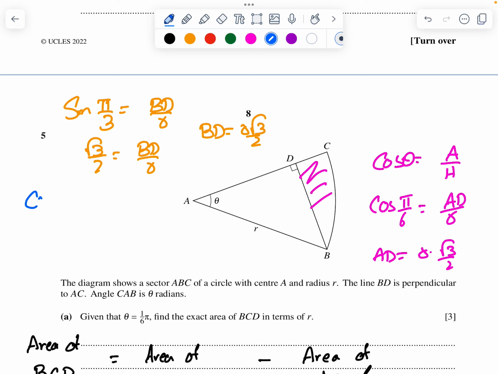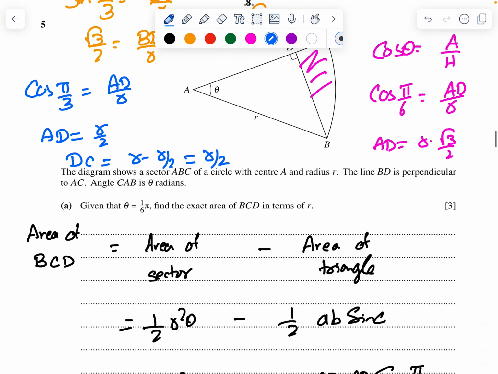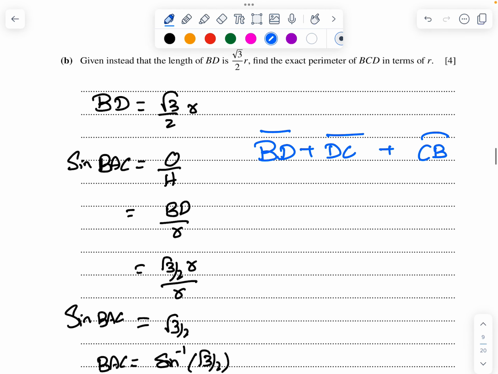Similarly, cos π/3 equals AD upon R, so AD equals R/2. If AD equals R/2, DC will be R minus R/2, which is again R/2. So √3/2 R plus R/2 plus Rθ, where θ is π/3. This is going to be the perimeter.